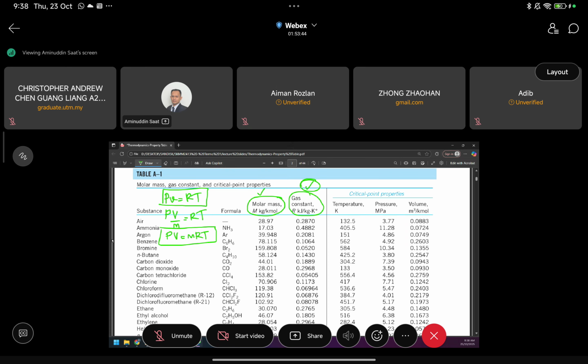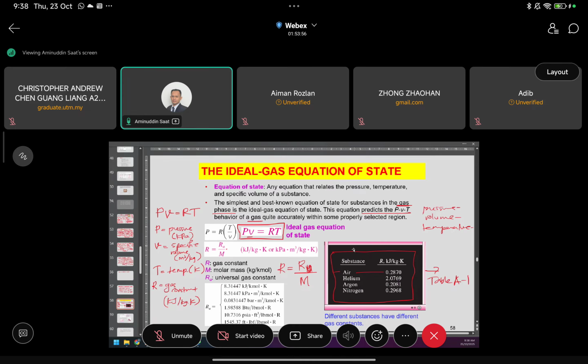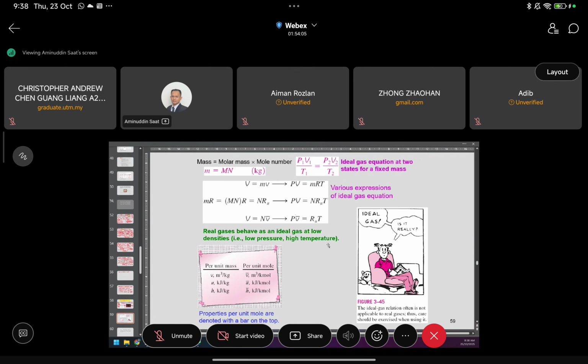One is with mass, another one is without mass. But both are the same. So to solve any problem using gas, you need to use the ideal gas equation. This is another representation of the equation in another form.